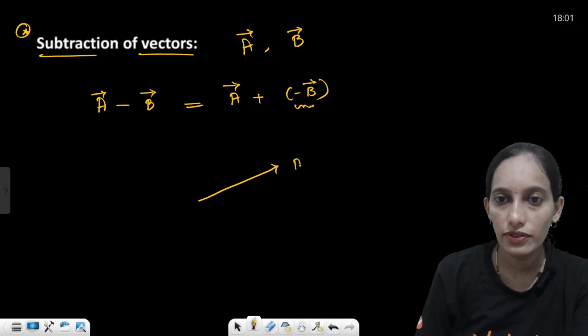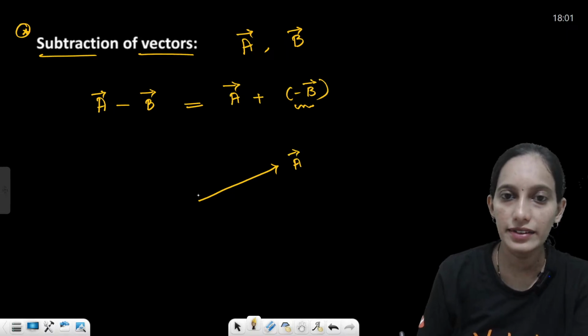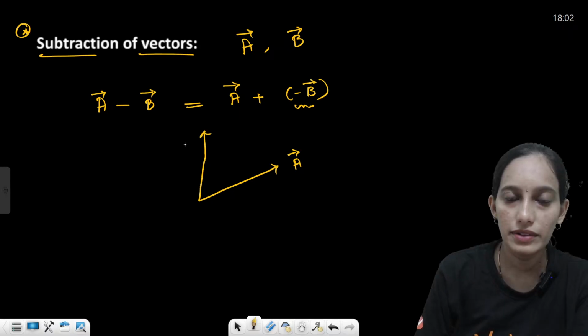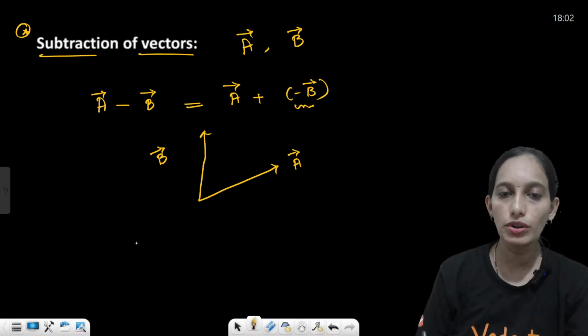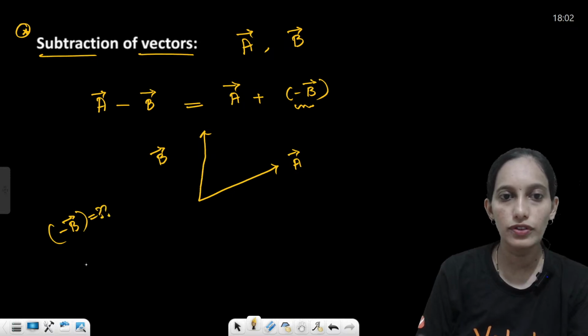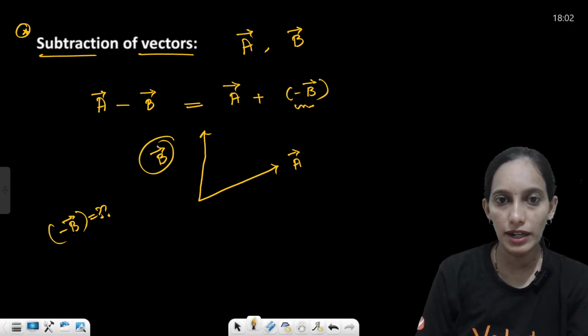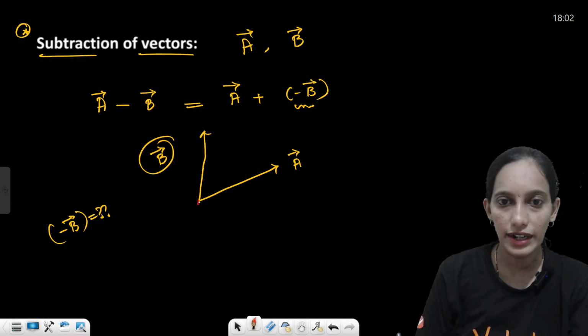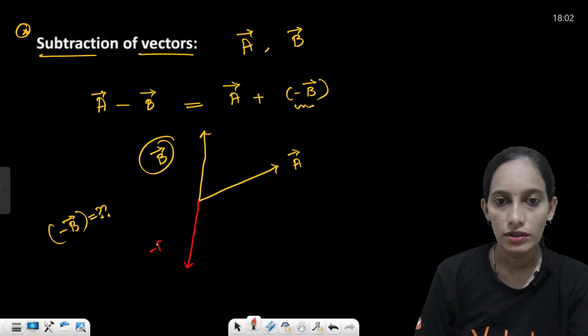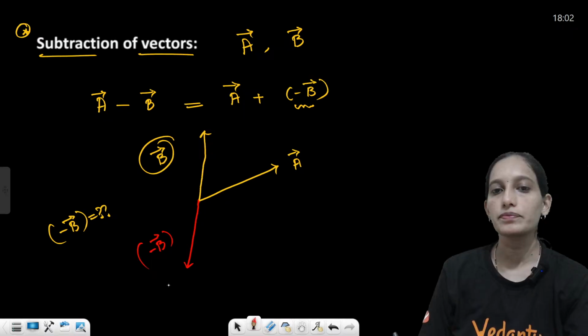I have this vector a in this direction, and let me say my b vector is in this direction. Now I have to subtract it. First job is to find minus b vector. If this is my b vector, where will minus b vector be? Exactly in the opposite direction with the same magnitude. So this is minus b vector.